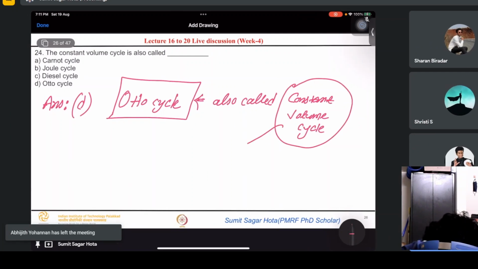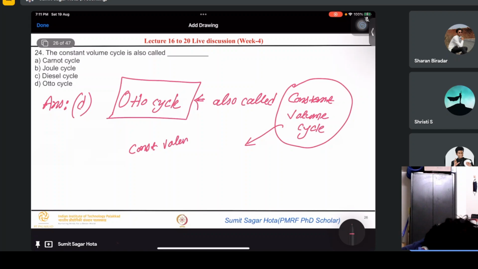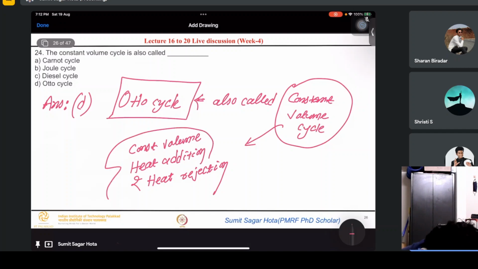Why constant volume cycle? Because of constant volume heat addition and heat rejection. So this is the idea.